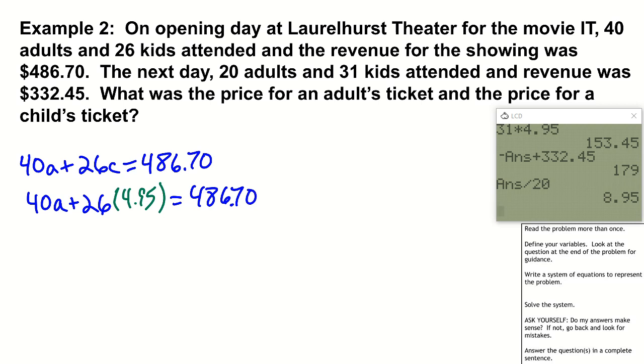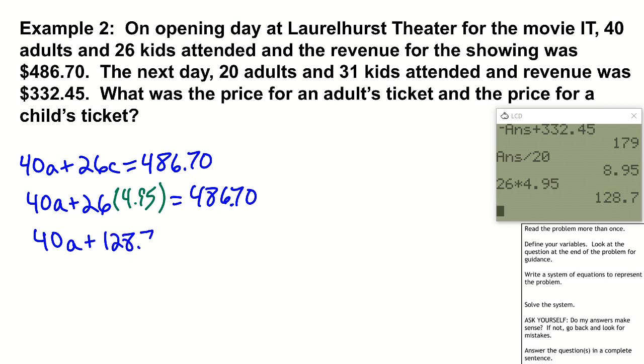All right. So now the 26 times 495 is 128.70. We have 40A plus 128.70 is equal to 486.70.